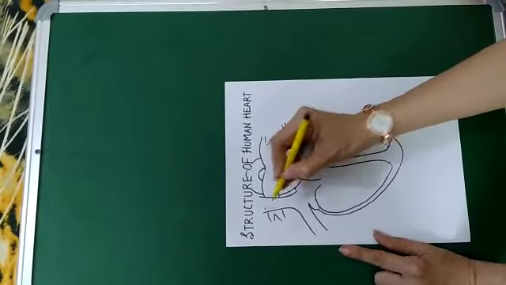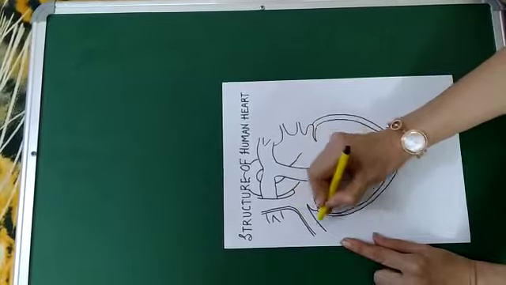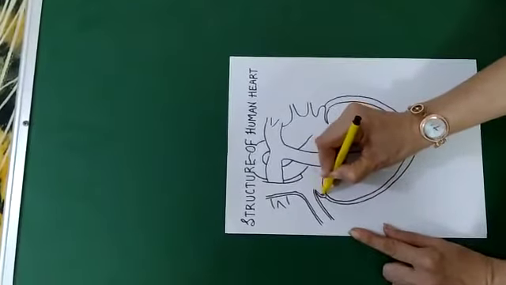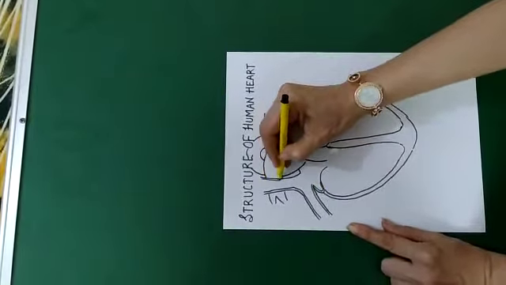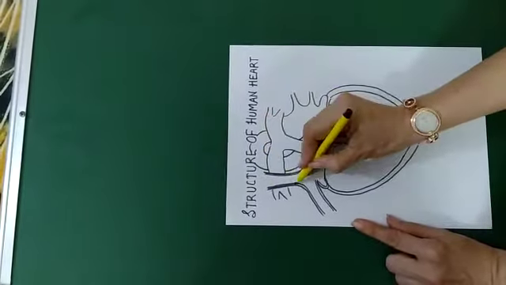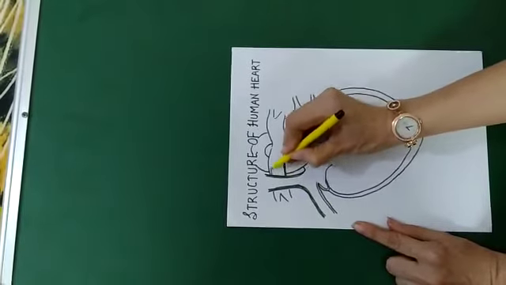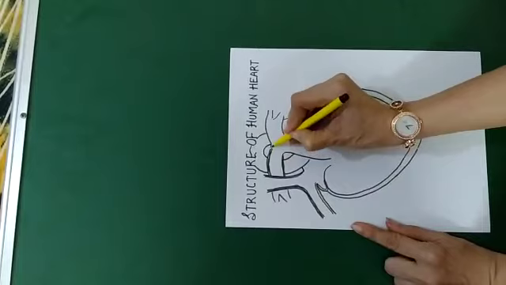Now after this you can make one more line. You can simply double it like the way I am doing, or you can shade it like I am doing, or you can just make a simple line.